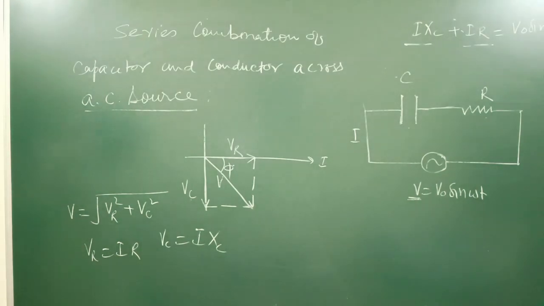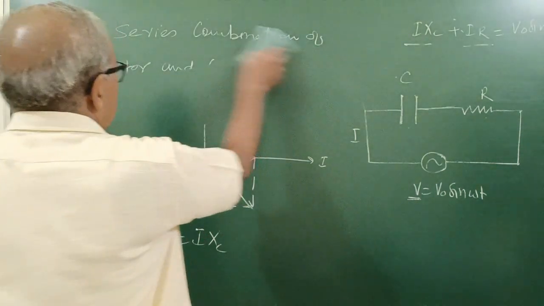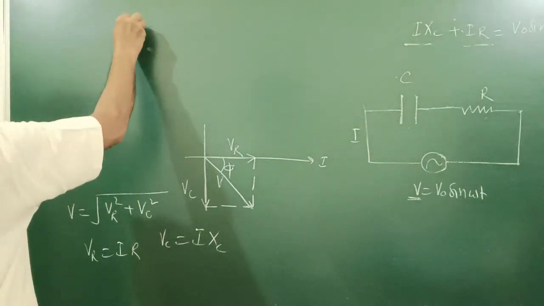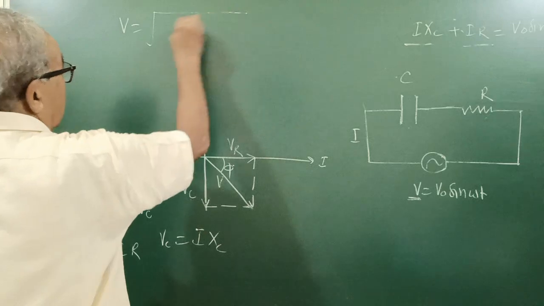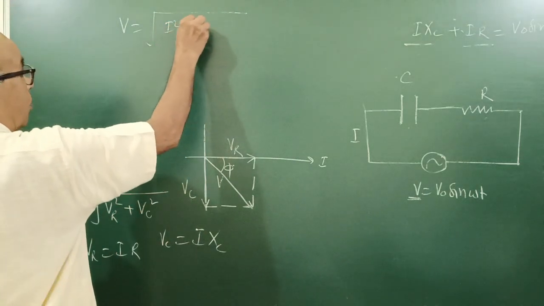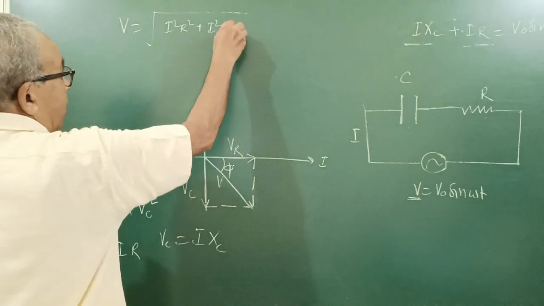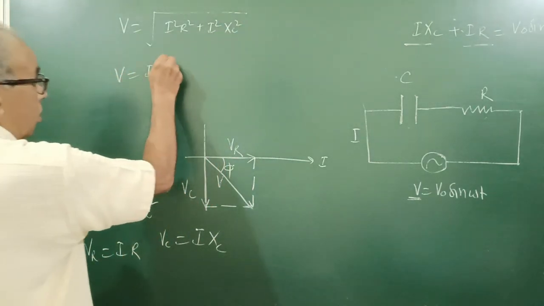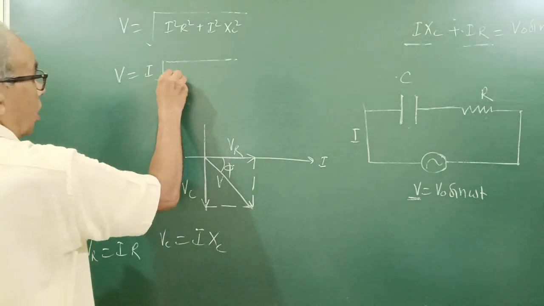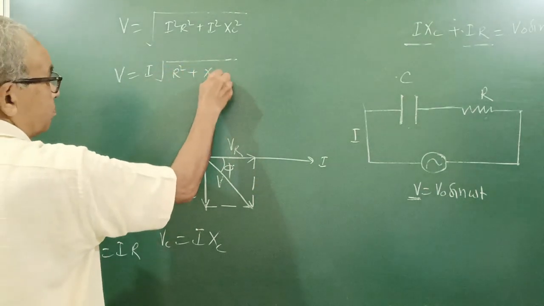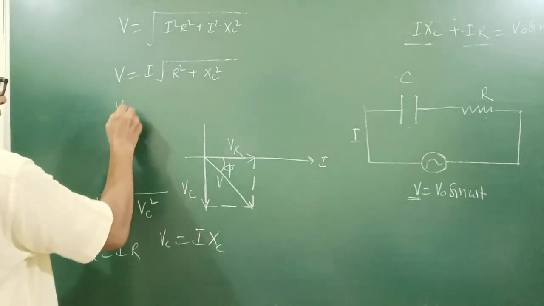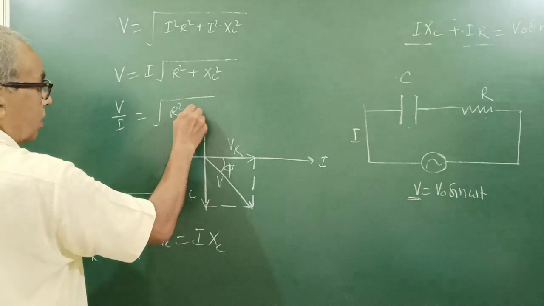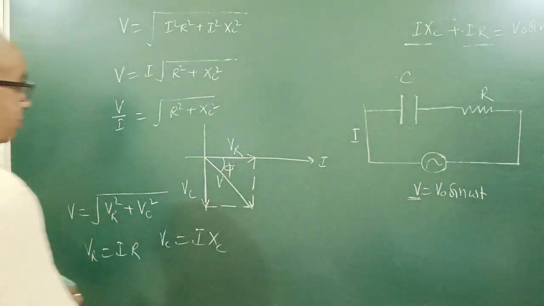So what is V here? Now this V equal to under root I square R square plus I square XC square, or V equal to I under root R square plus XC square. Or V upon I equal to under root R square plus XC square.